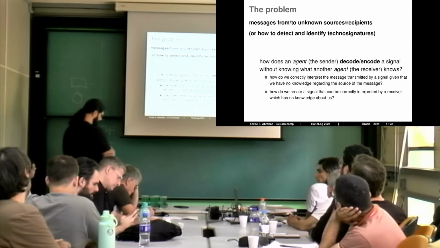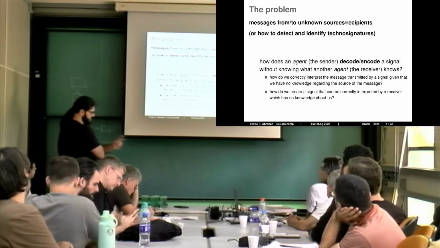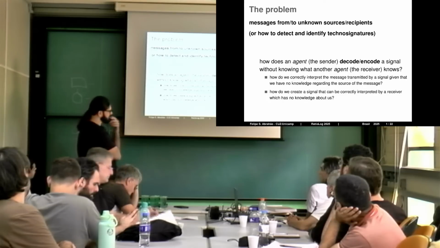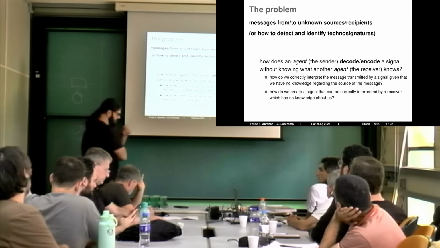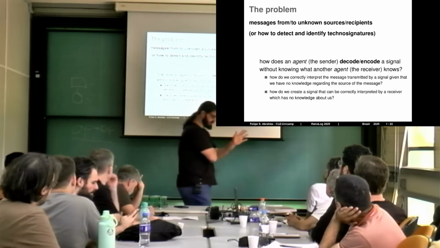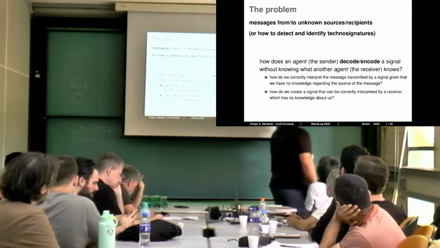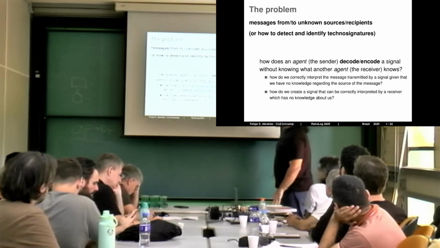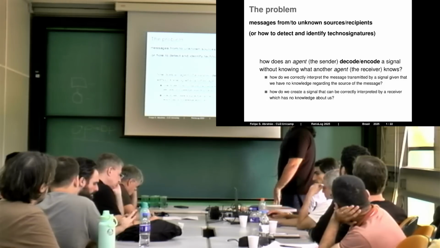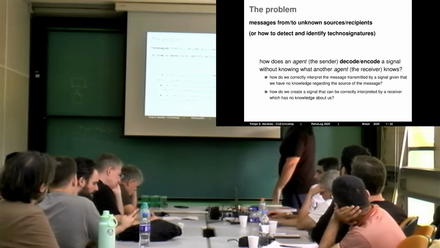So this problem has 2 aspects. One we're going to talk on the next slide. One is that this channel is just one way, and the other, of course, is the one I'm already explaining in this slide, which is the zero knowledge property.